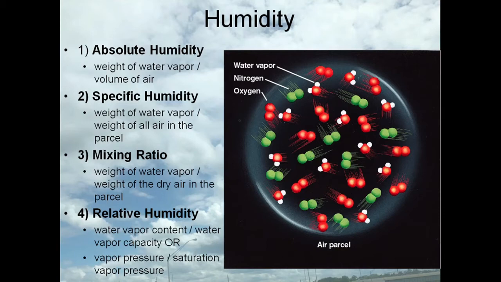So it's water vapor content versus how much water vapor that air parcel can hold, or water vapor per saturation vapor pressure. How much water vapor is in the air versus how much it would take to be saturated. If you take that ratio, then you have how much moisture is in the air as a whole. That percentage is your relative humidity.